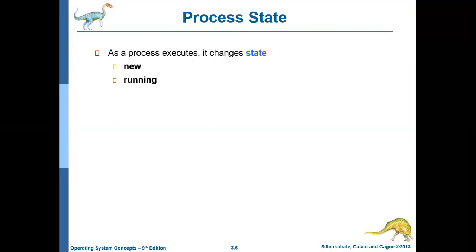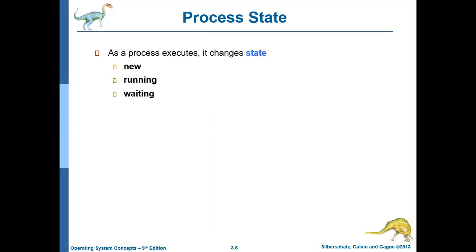And from the running state, the process may enter another state called the wait state if the process wants to perform any IO operation in between its execution. So from the running state, that is, when the process is being executed by the CPU, it may enter a wait state.